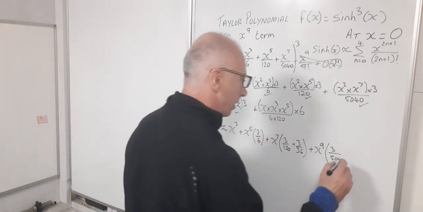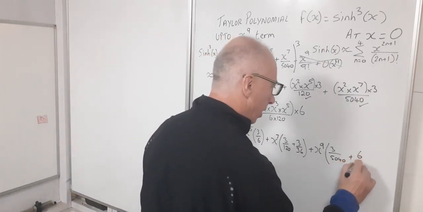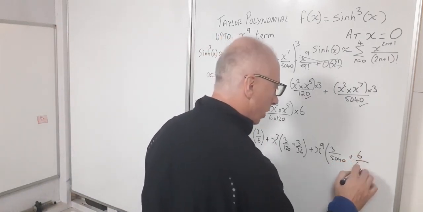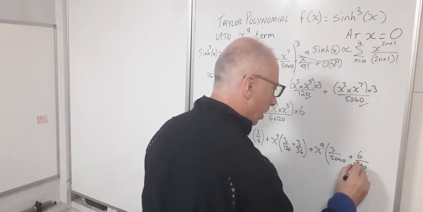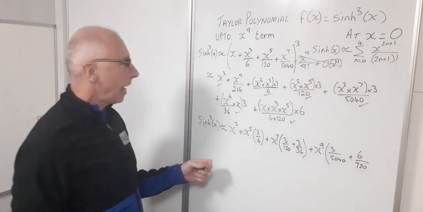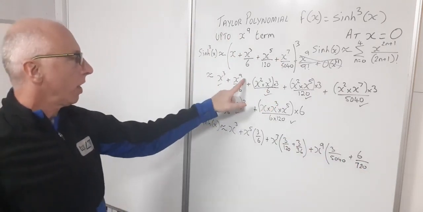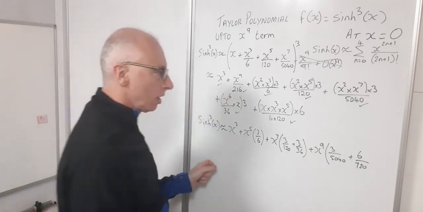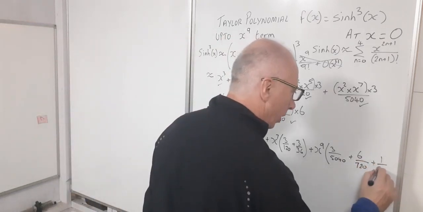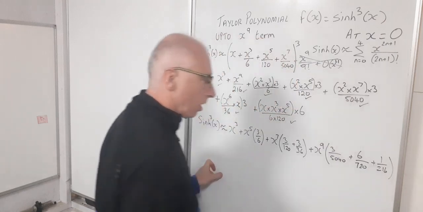So I'm just going to write that as it is. So add 6 over 6 times 120. That's going to give you 720. So I can see where that's come from. So that's that one. And I've got one more here. I've got x to the 9 here, and that coefficient is 1 over 216. So add 1 over 216.